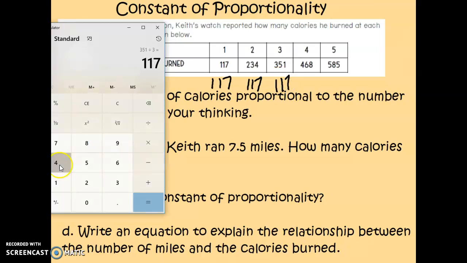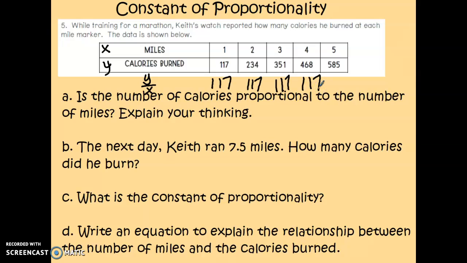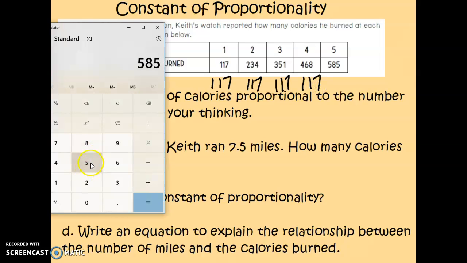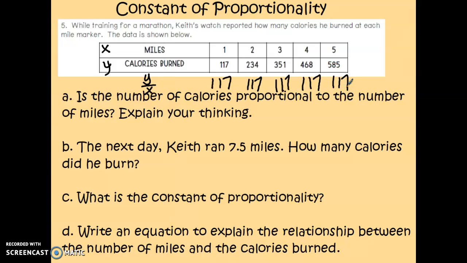I'm not just assuming. 468 divided by 4 is 117. 585 divided by 5 is 117. So the answer to this would be yes. My explanation would be that every time I divided calories burned by how many miles he ran, I got the same number. I have a constant of proportionality.